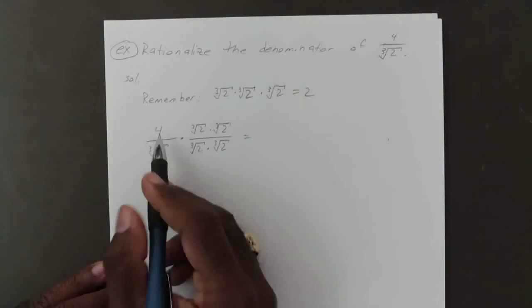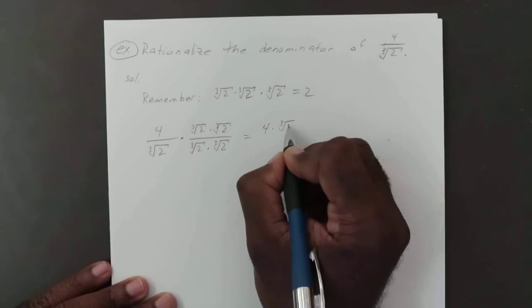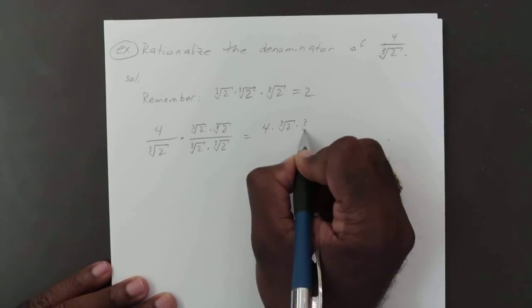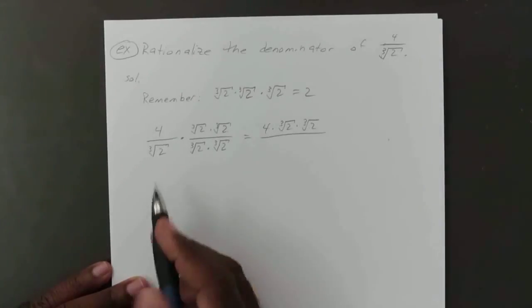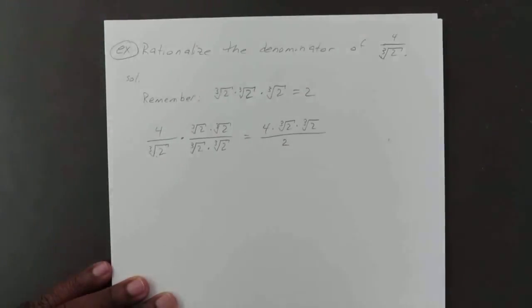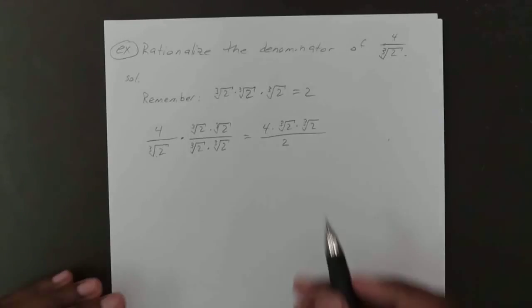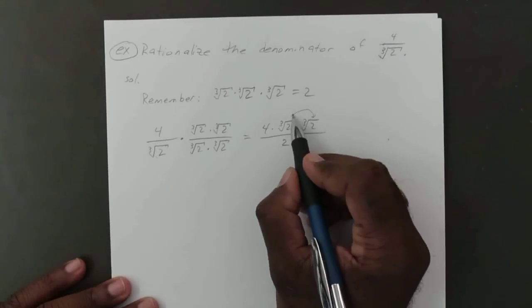Okay, so in our numerator, we get 4 times cube root of 2 times cube root of 2, all over cube root of 2 times cube root of 2 times cube root of 2, which always equals just 2. Now these two we can just go ahead and combine them.